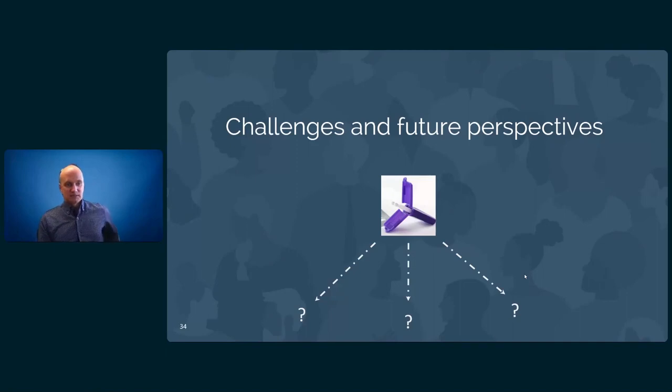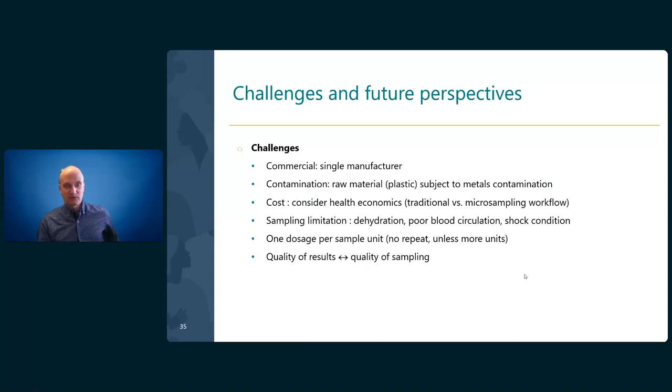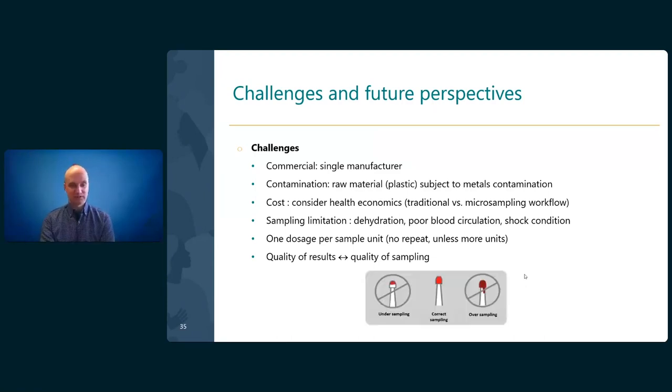Okay, let's talk a bit about the challenges and future perspective. Among the challenges I want to share with you today, the first one is a commercial one, because there is only a single manufacturer for these devices. So if there is a contamination, for example, in the raw material, the plastic could be subject to metal contamination.